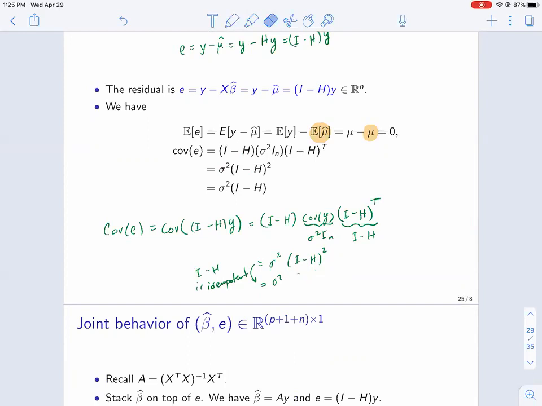Otherwise, you can expand it and try to do this, but that's what it is. Okay. Sounds good? Questions?